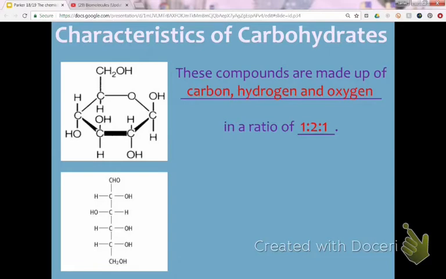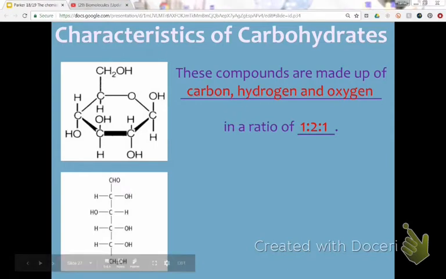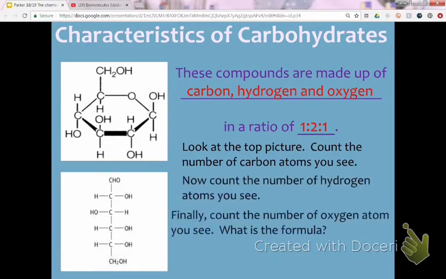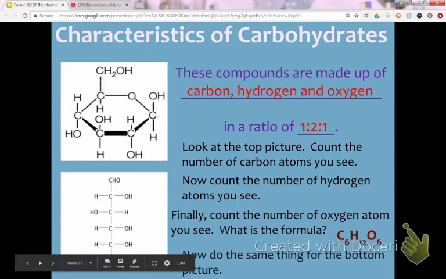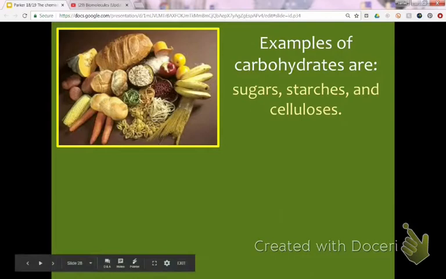So for every carbon, there is an oxygen, and there are 2 hydrogen atoms. If you look at the top picture, you can count them. It's not really important that you do that, so we will skip this. All right, so some examples of carbohydrates are sugars, starches, and celluloses.